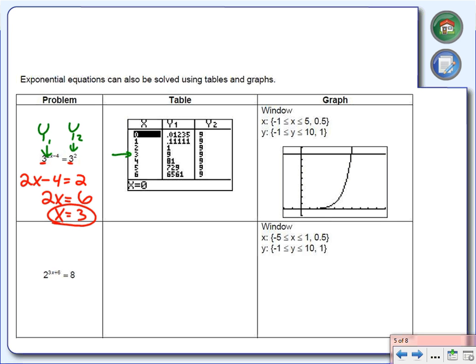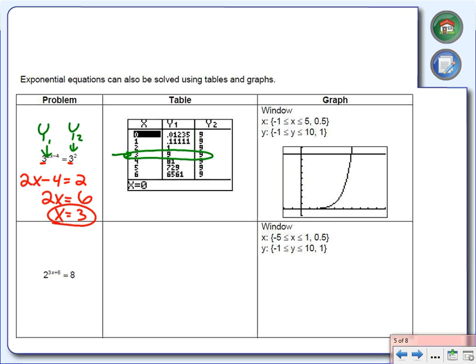A double 9. Each of the y values is a 9. So, when we're looking for our solution in the table, all you got to do is look for the matching y values. Sitting right next to those matching y values is your solution. If I see a 9, 9, then I know my solution is sitting right next to that 9, 9.